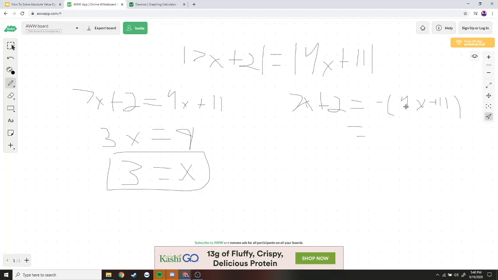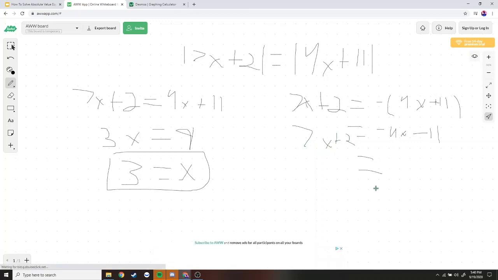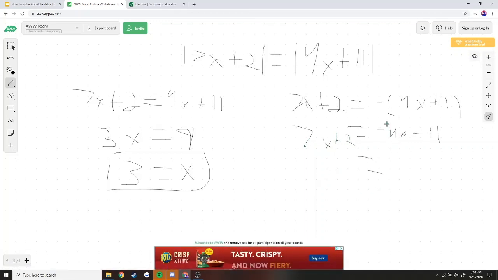Now let's do the other side. Let's distribute this negative, so we get minus 4x minus 11, because we're distributing a negative to both terms, is equal to 7x plus 2. Now let's just solve it as we normally do. We're bringing this negative 4x on the other side. We're adding 4x, meaning we get 11x.